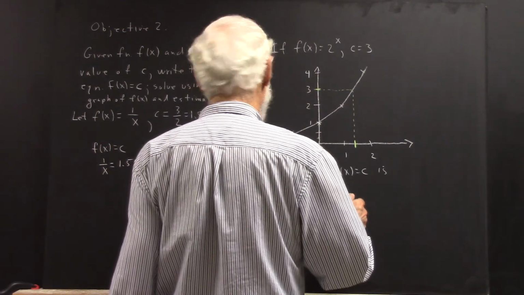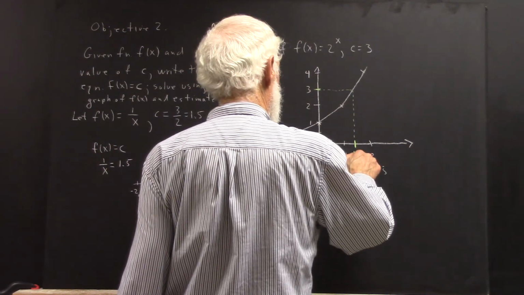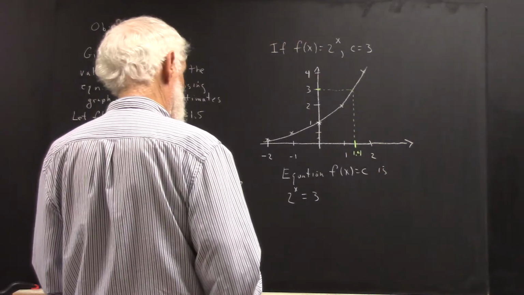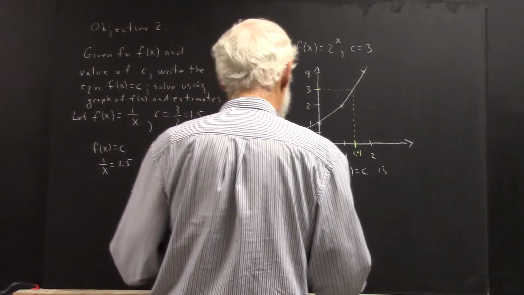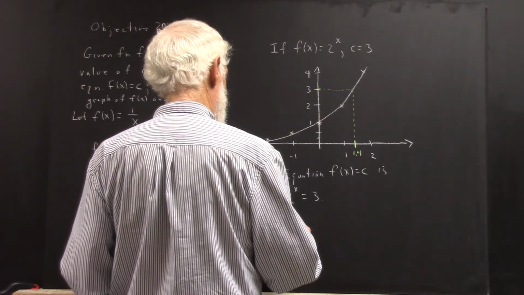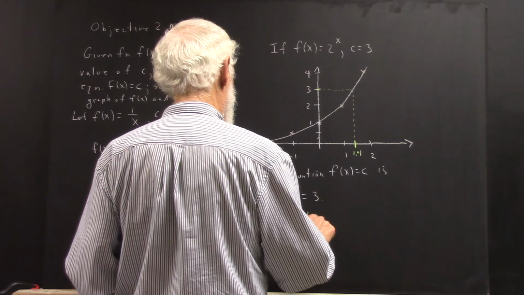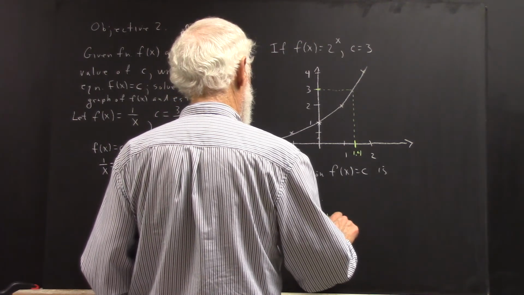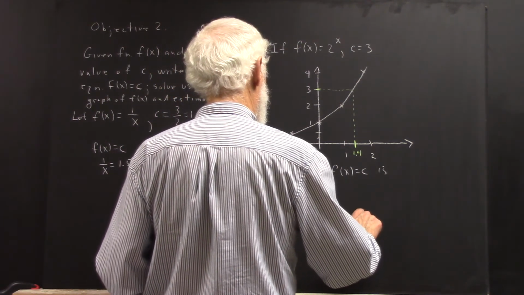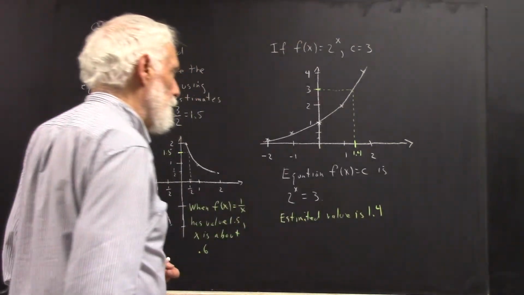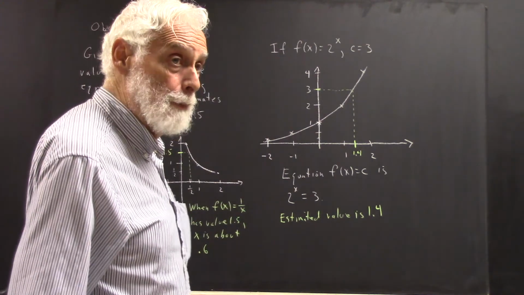So this value here appears to be, I'm going to say it's 1.3, 1.5, I'm going to say it's 1.4. Okay, so here is 1.4, that's an estimate. So my estimated value based on the graph is 1.4.